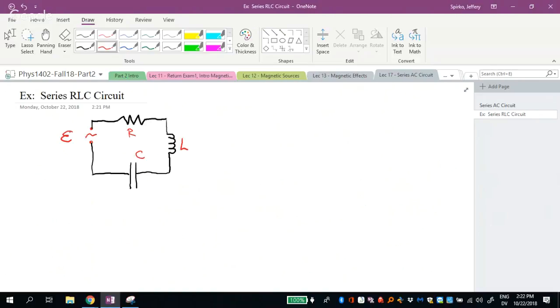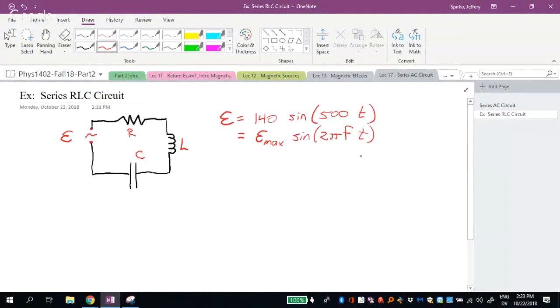So what we're going to have here is that EMF is equal to 140 times the sine of 500 t. And we should compare this to a generic form, EMF max times the sine of 2 pi f t.